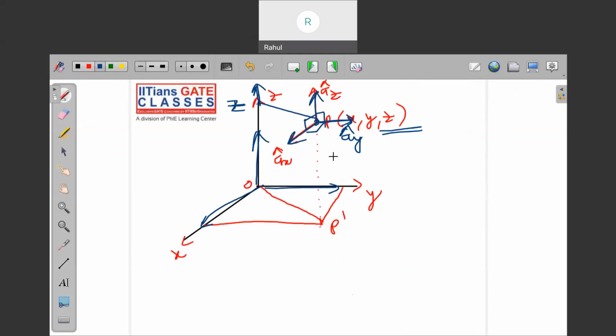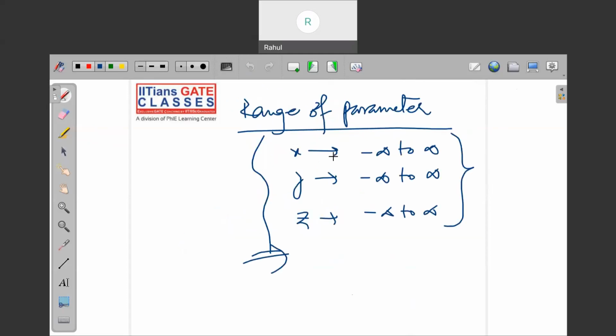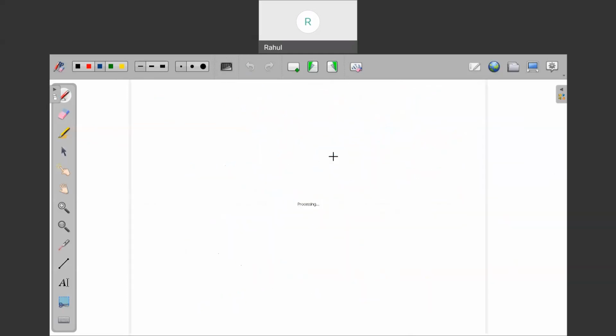And they may also be represented as unit vectors normal to x equal to constant, y equal to constant and z equal to constant planes respectively.